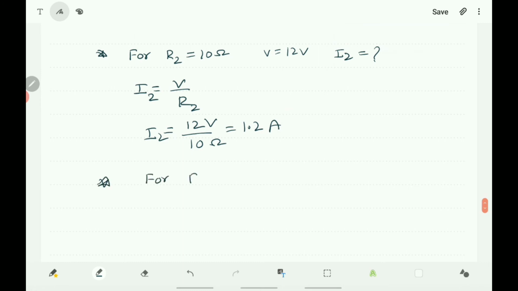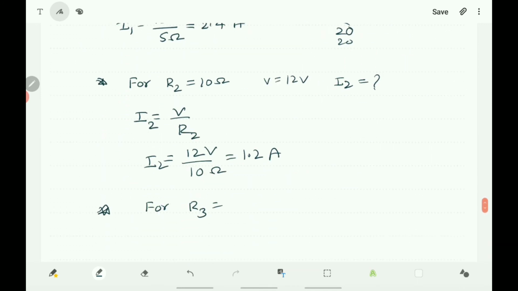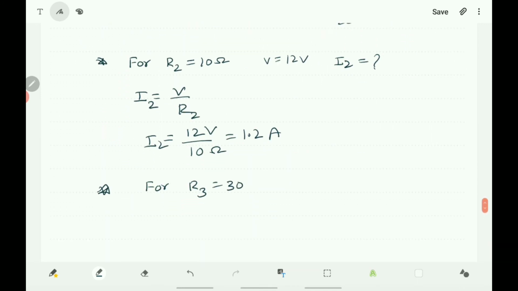Next for R3. Here R3 is 30 and V is the same, that is 12 V, and I3 is equal to question mark.